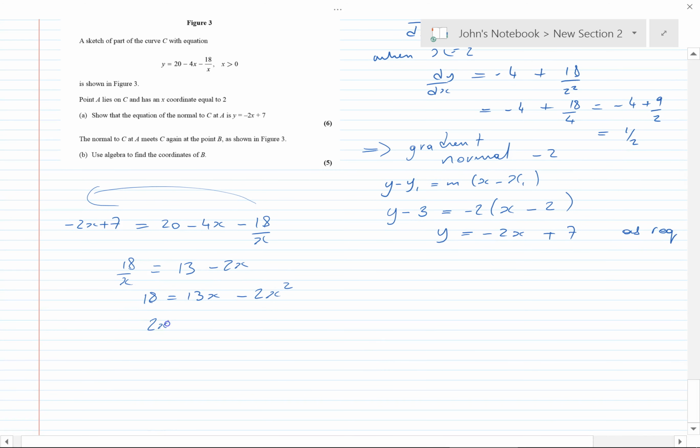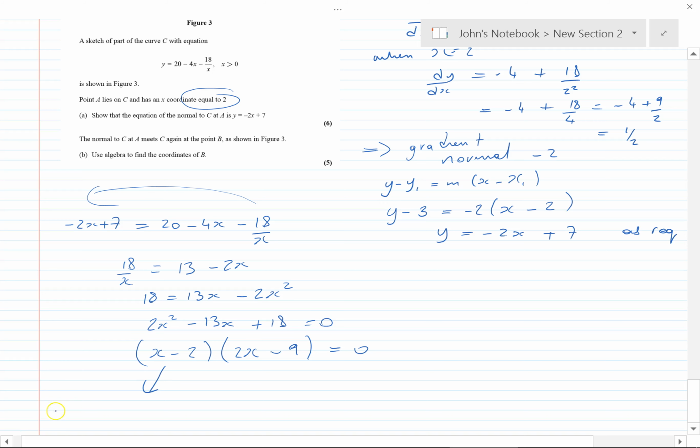So I'm bringing it back over again: 2x squared minus 13x plus 18 equals 0. Now you may think, oh, that's not the easiest thing to factorize, but I know that one of the coordinates where it meets is 2. So I know that one of the factors is x minus 2. So the other one must be 2x minus 9, which is equal to 0.